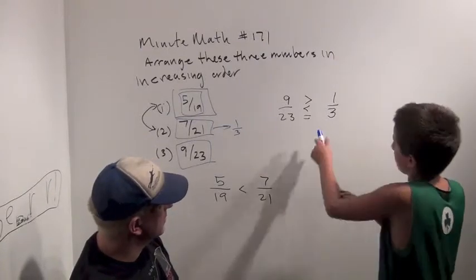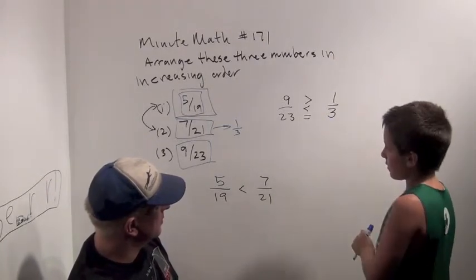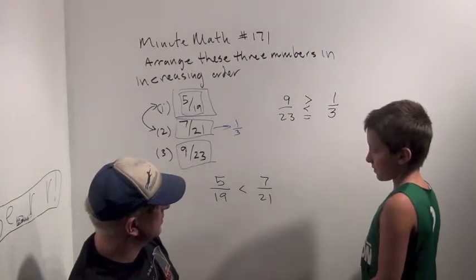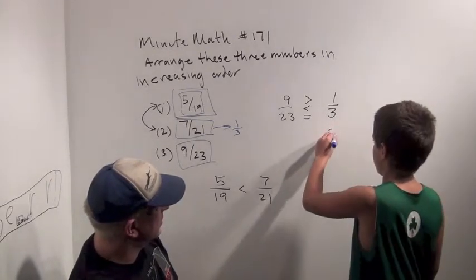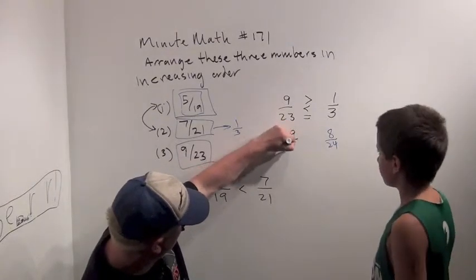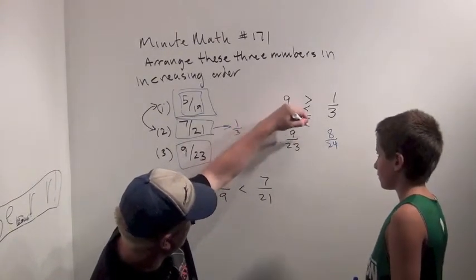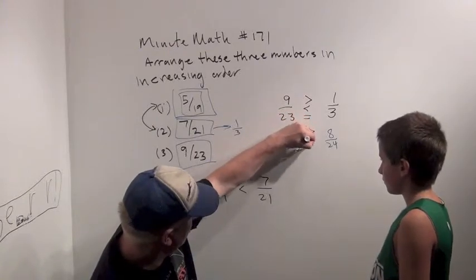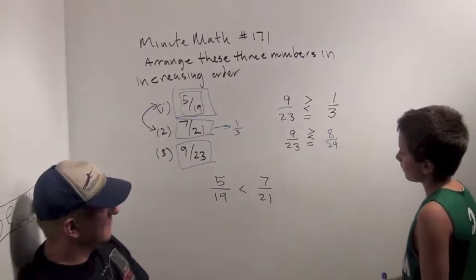Well, 1/3 is also 8/24. Okay, that's interesting. So we'd like to compare 9/23 to 8/24. It might be greater than, less than, or equal to.